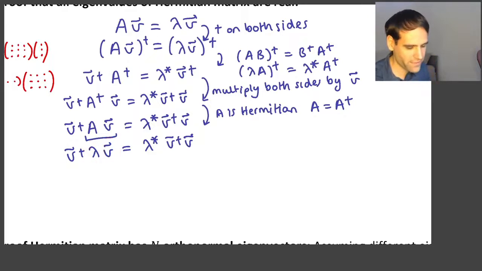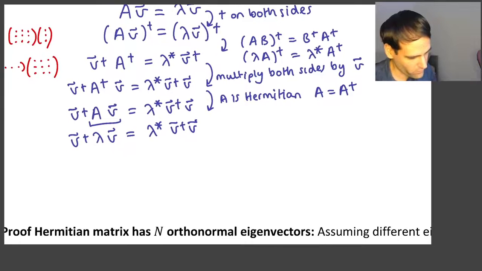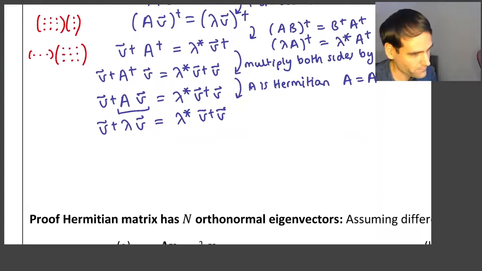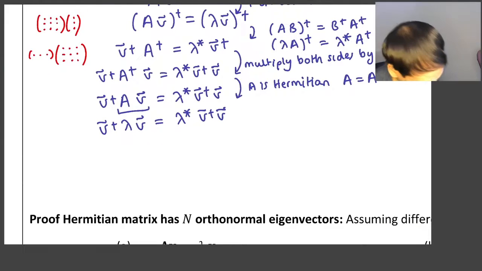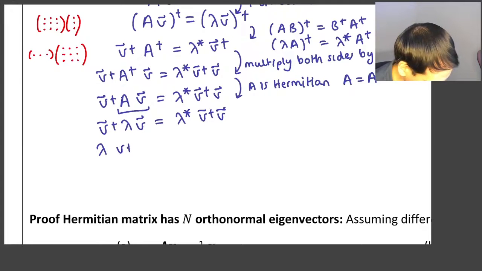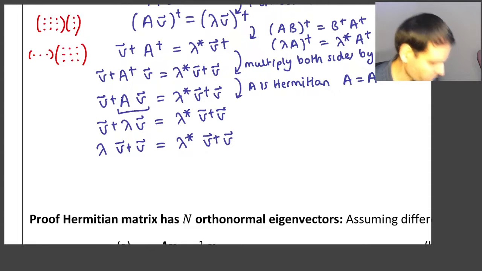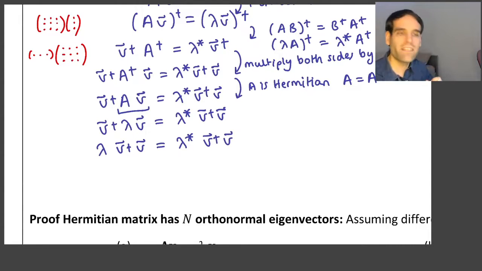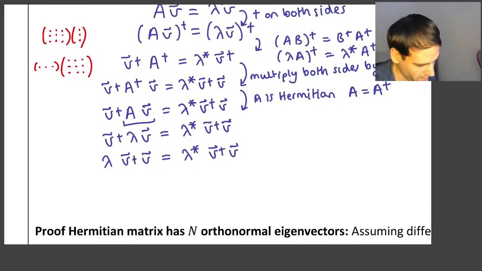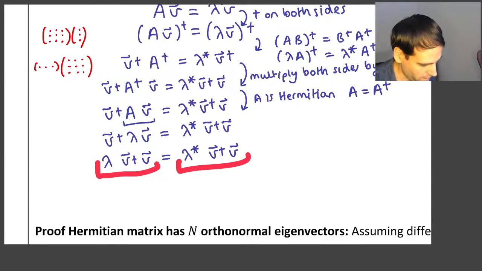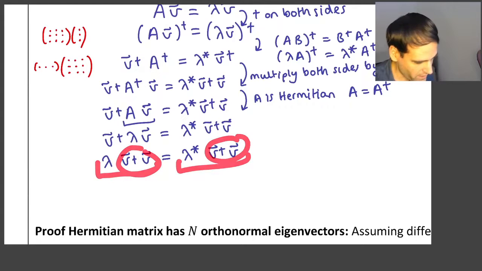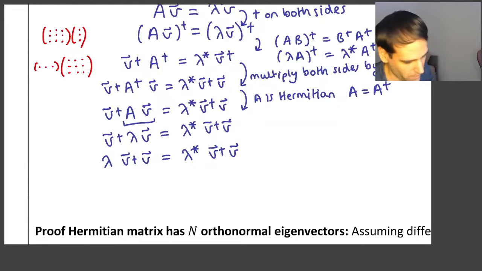So we could place the scalar on the front. So actually, let's do that. Lambda times V dagger times V is equal to lambda complex conjugate times V dagger times V. Okay? And this must be true for every possible eigenvector, but what is clear here is that if we equate the left with the right, and these two are equal, then lambda must be equal to lambda complex conjugate.